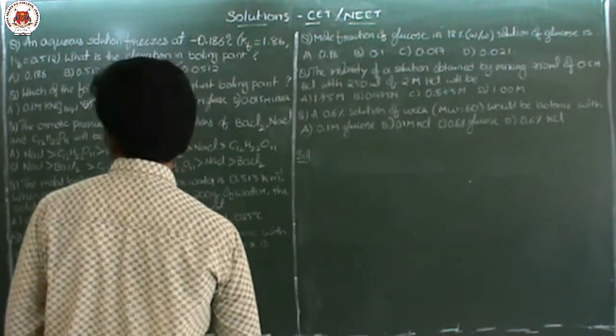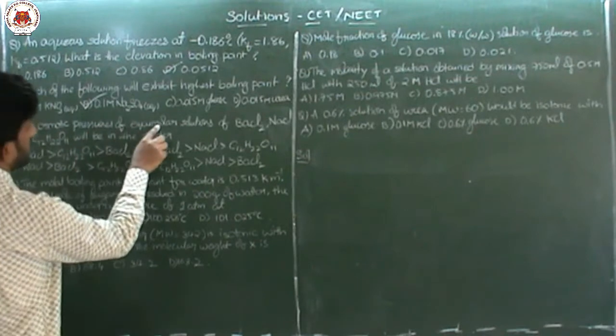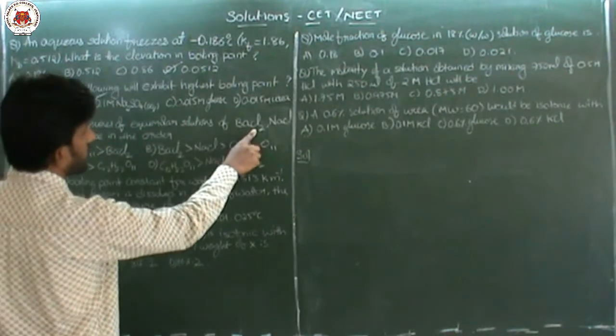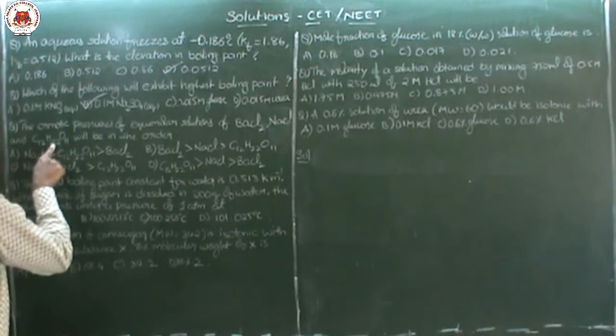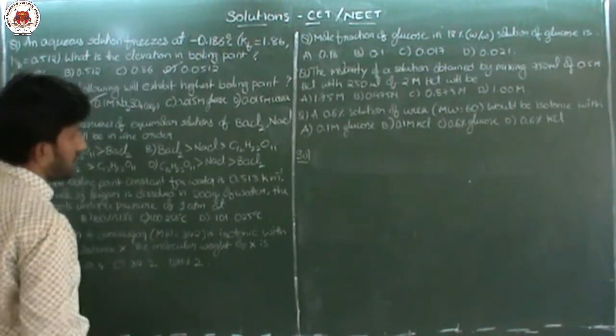Next question is, the osmotic pressures of equimolar solutions of BaCl2, NaCl and this one, sucrose, will be in the order.